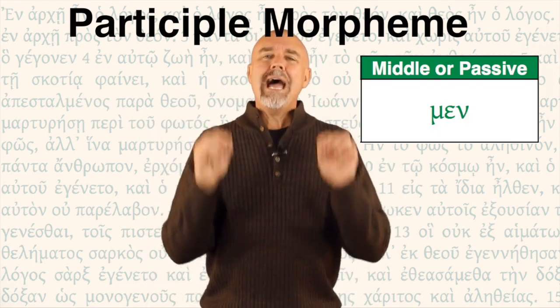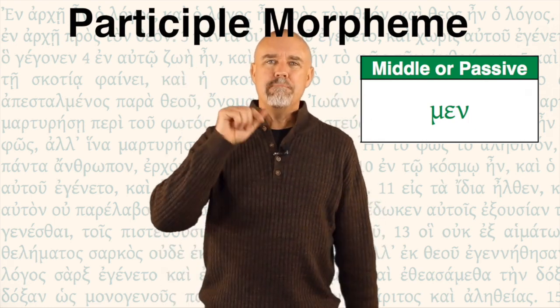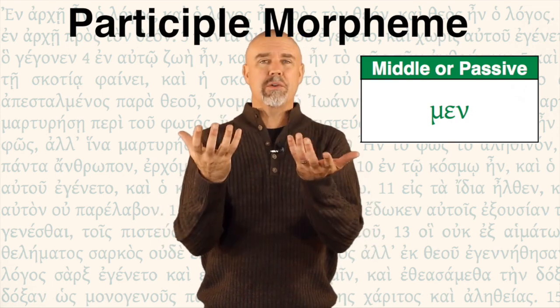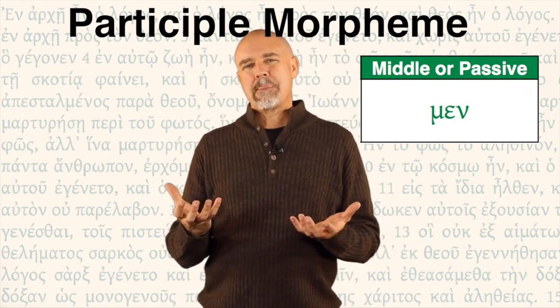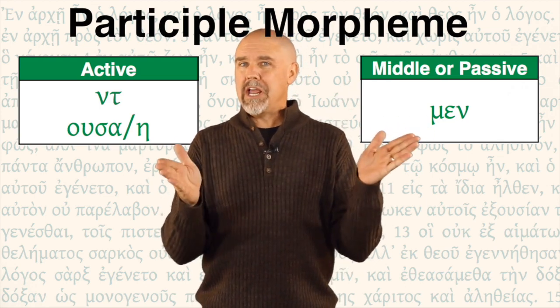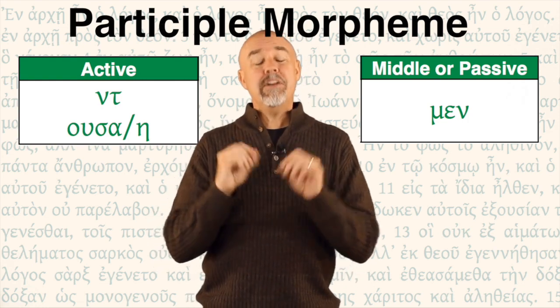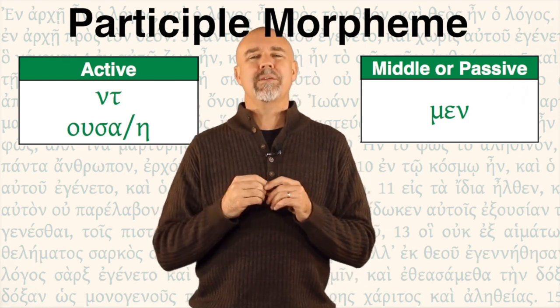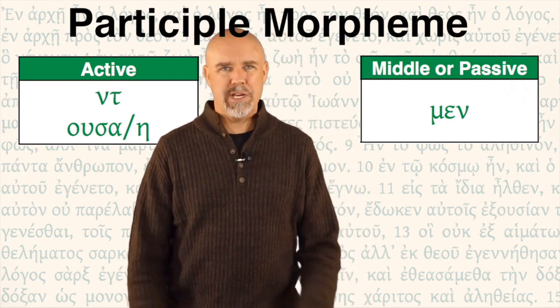In the middle passive voice, all participles will use -men- as the clue, and we'll see this as we look at the chart in just a little bit. And in the active voice, participles in the masculine and neuter will use -nt-, and in the feminine, they'll use -ousa. So those are the clues that we will look at to determine the voice.